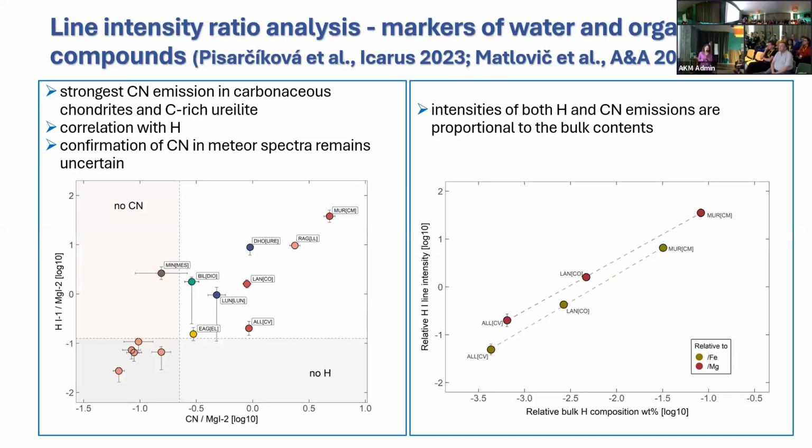So here are our previous results where we focused on the standard analysis method, where we just looked at the measured line intensity ratios. One of the key results here was that we identified clear presence of cyano radical, or CN, emission.